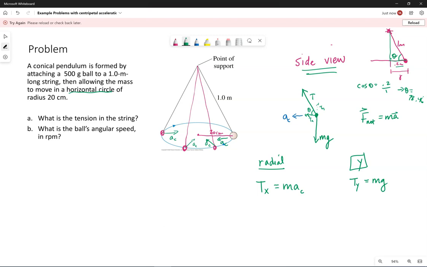So I know this angle in here. The x component of the tension is going to be T cosine of this angle. The y component will be T sine of this angle.